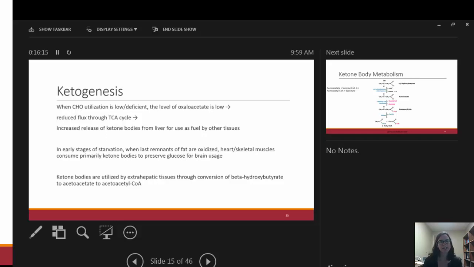So the ketone bodies are utilized by the extrahepatic tissues by converting the ketone bodies back to acetyl-CoA. So it's kind of confusing because we're condensing the acetyl-CoA to get to our ketone bodies, and then it is shuttled out to these extrahepatic tissues where it's converted back to acetyl-CoA.